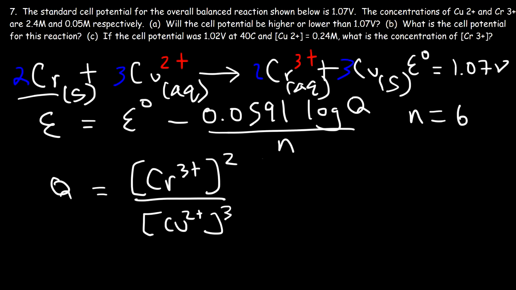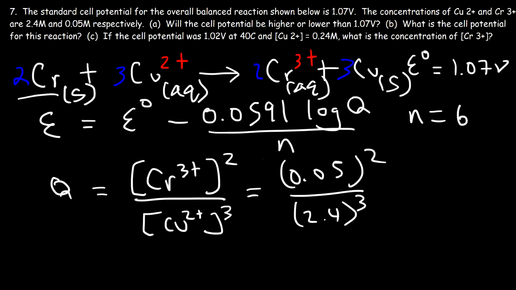So the initial concentration of chromium 3 plus is 0.05. And the initial concentration of copper 2 plus is 2.4. So if we plug that in, this is going to be 1.808 times 10 to the negative 4.